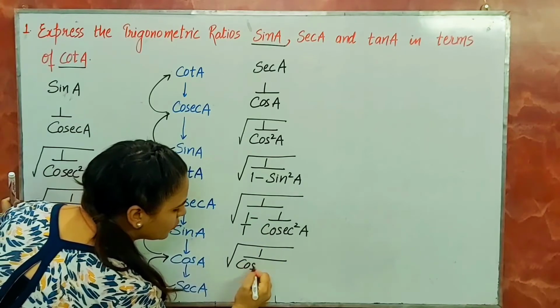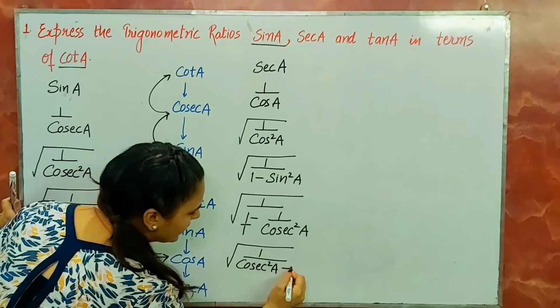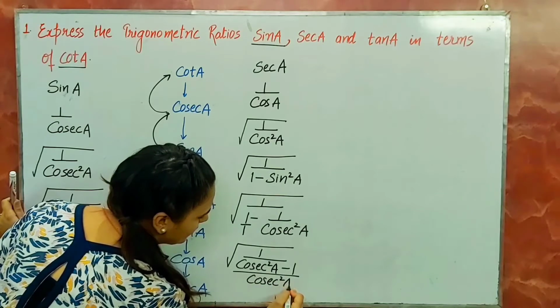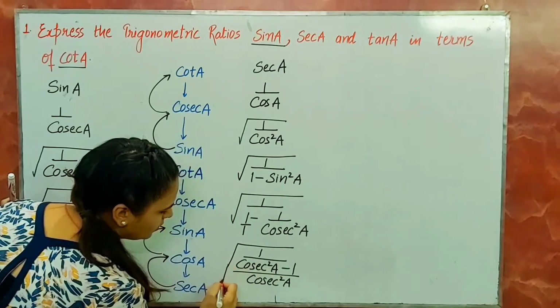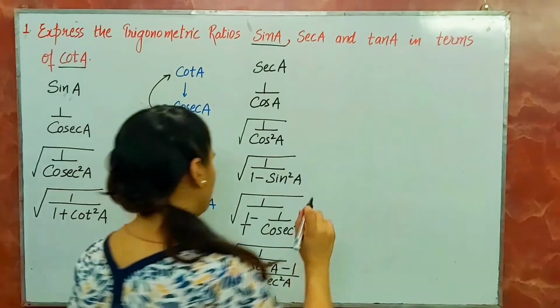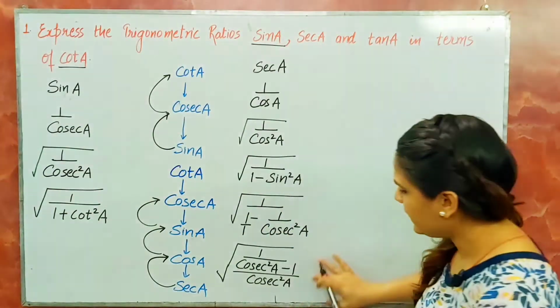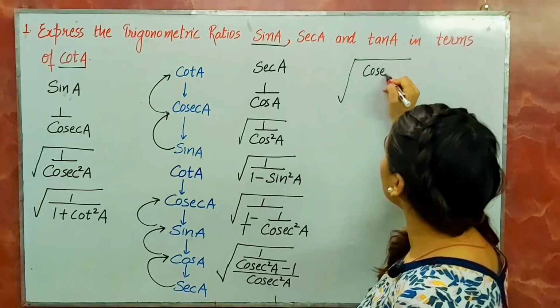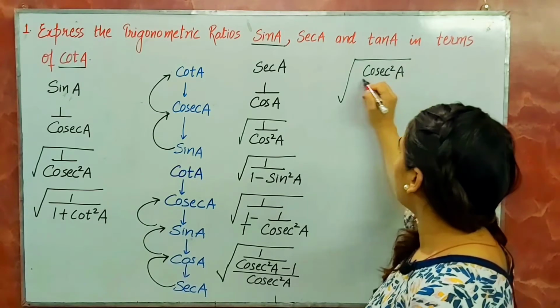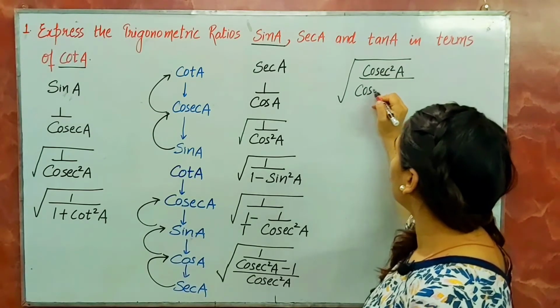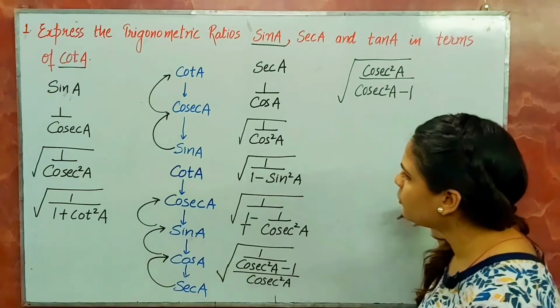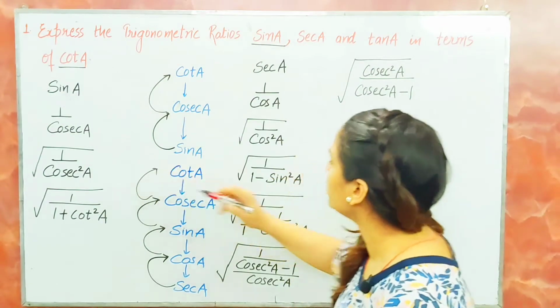So you can write this way cosec square A minus 1 upon cosec square A and there is square root. After this, we will take reciprocal and it should be like this, cosec square A upon cosec square A minus 1. Now you have to convert cosec in the form of cot.